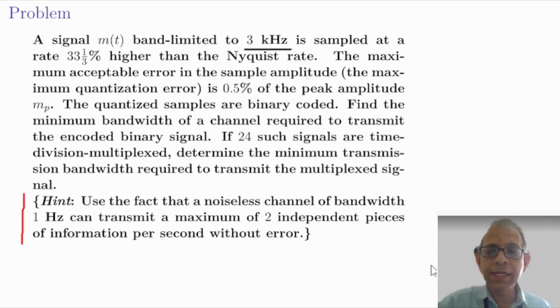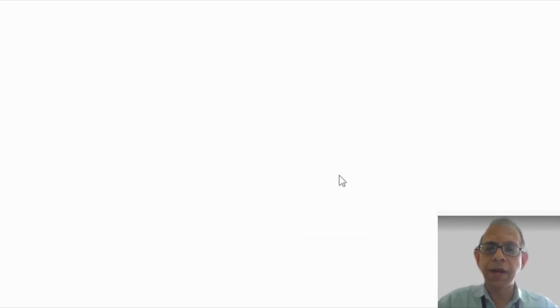Now, the next thing asked in the problem is that if 24 such signals are time division multiplexed, determine the minimum transmission bandwidth required to transmit the multiplexed signal. You have seen in the previous lecture that the channel bandwidth required for a TDM system is equal to n times the bandwidth required for one signal, assuming all signals are band limited to the same maximum frequency.